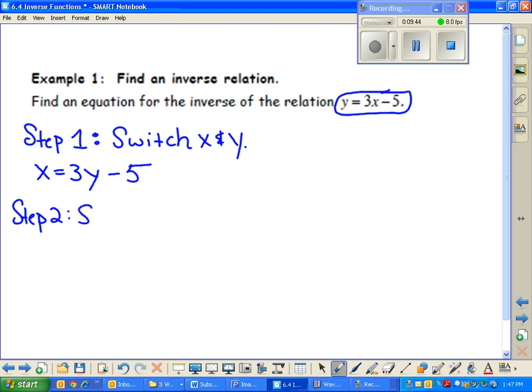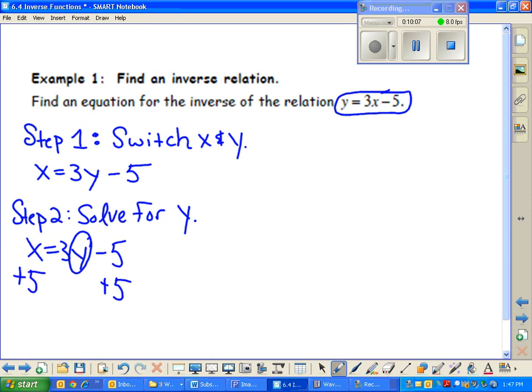In step 2, you solve this resulting equation for y. You got to get the y by itself. So I'll bring down my equation from step 1, and my hope is to isolate that y value. In order to isolate the y value here, I would just need to add 5 to both sides. And then on the right side, you get x plus 5. Oops, I wrote x plus 3.